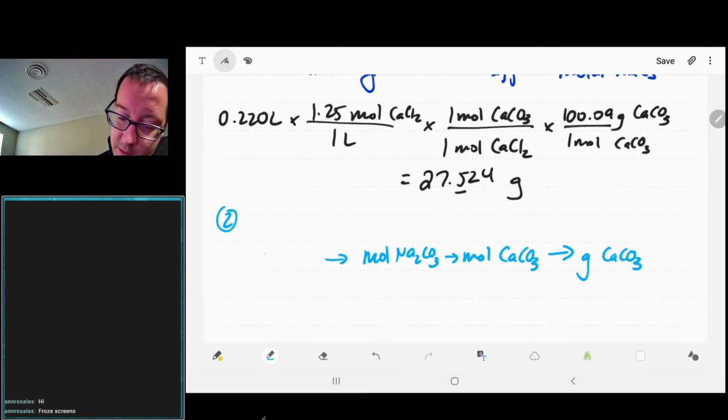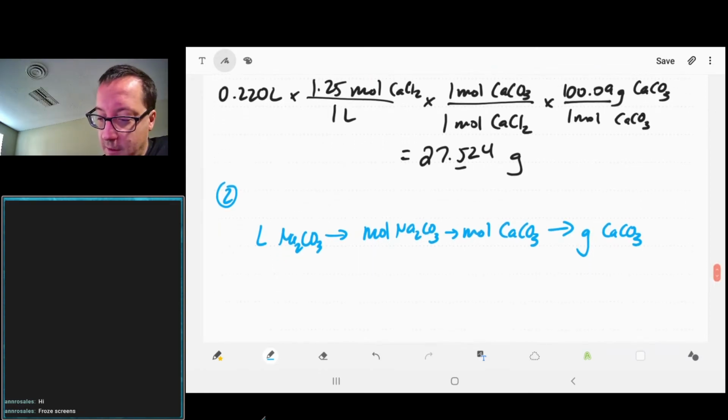And we're starting with liters as we did before, because that's what we're given in the problem. I could have given you mass instead, or I guess I couldn't have given you gas because this is not a gas, but I could have given you other stuff. So it's not always going to be exactly the same process for each reactant. But since it is in this case, all of our conversion factors are the same.